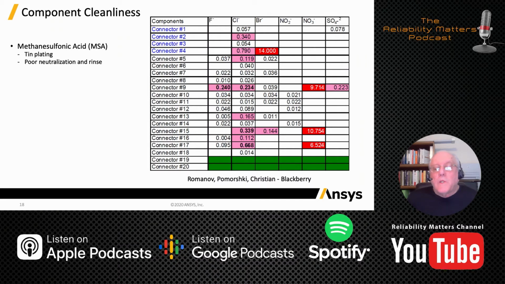And so what they found in their research is there were significant shortcomings in component cleanliness, the most serious of which was methane sulfonic acid, or MSA.